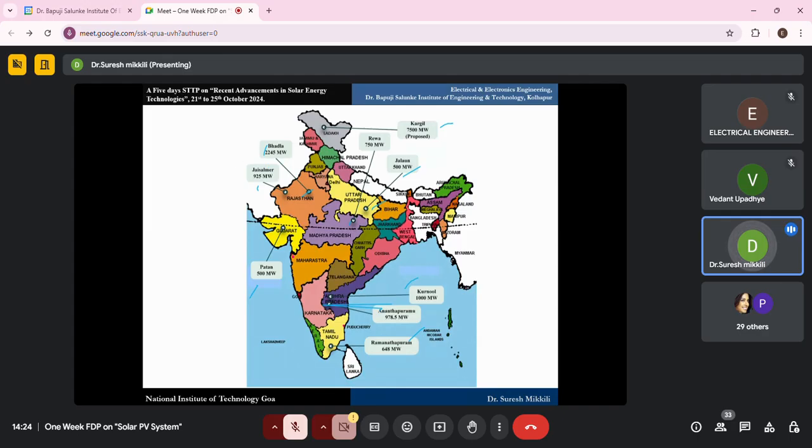So it is spread across different places where the sun is very high. These are the biggest plants I'm talking about. There are other small plants in various locations, but these are the majority of the largest solar power plants available in India.